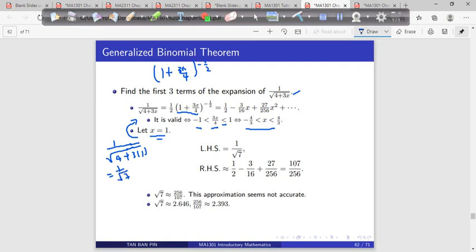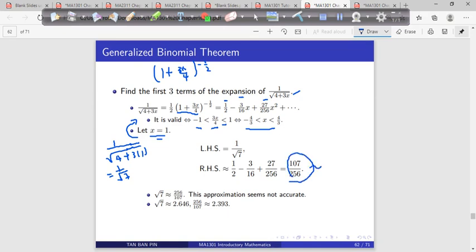It's fine to sub x as 1 because 1 is within the range minus 4/3 to 4/3. And if you sub x as 1 into the right hand side, the three terms, half, 3 over 16 x and 27 over 256 x squared, you'll find it gives you this number, 107 over 256.